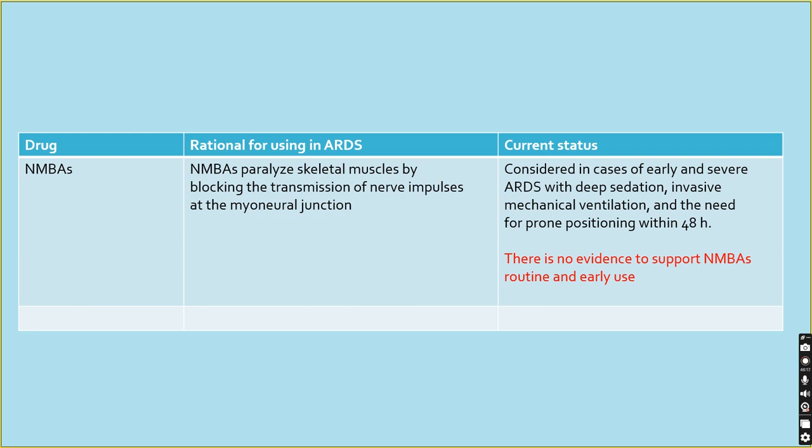There is no evidence to support use of neuromuscular blocking agent routinely and very early. So you have to see whether patients are being proned or whether they are being ventilated with very high rate and very low tidal volume. These patients initially require neuromuscular blocking agent along with sedation and analgesia.